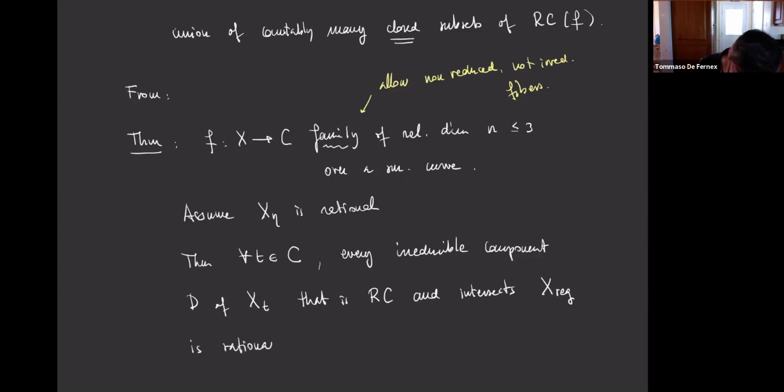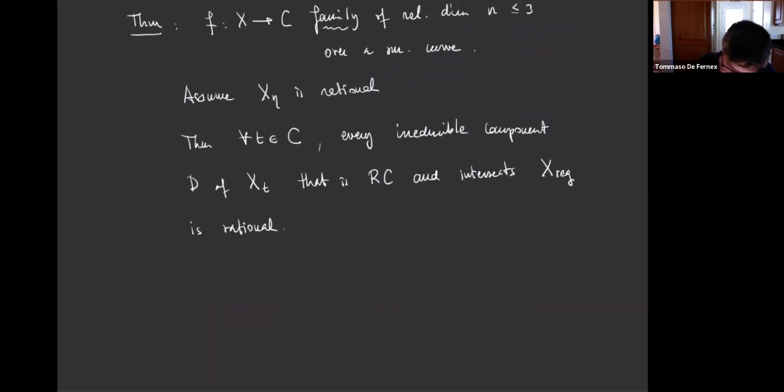So let me read it again. I assume the generic fiber is rational. I look at an arbitrary fiber that could have many components. I pick one component, and I want to assume two things: it's rationally connected and it intersects the smooth locus of the variety. So let me draw a picture.